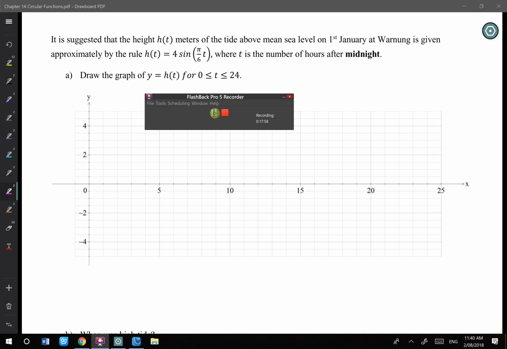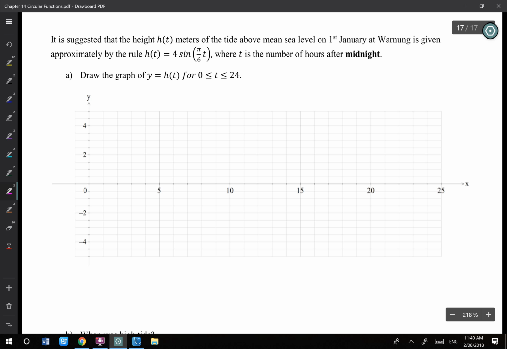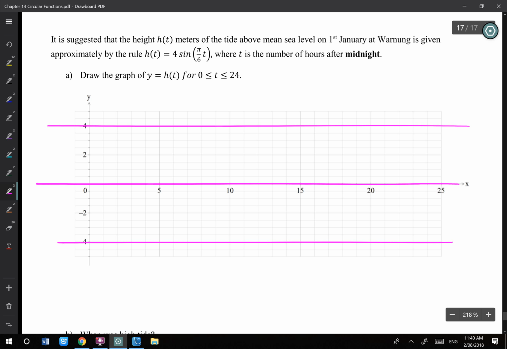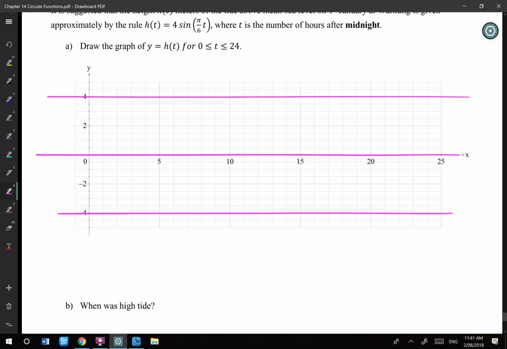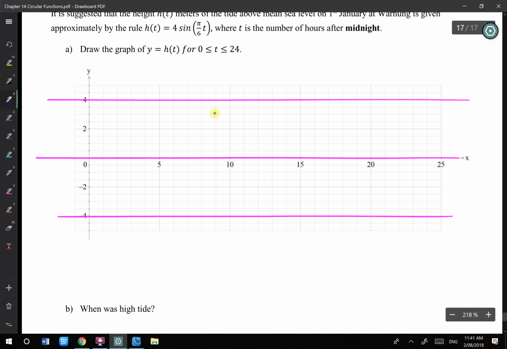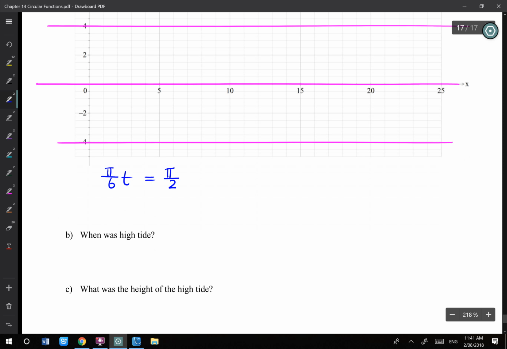Okay, to sketch this sine graph, the first thing is we need 3 lines. The midline is 0, the max line is 4 and the minimum line is -4. So we have points moving on the 3 lines. We find a starting point. We make the angle equal to pi on 2.